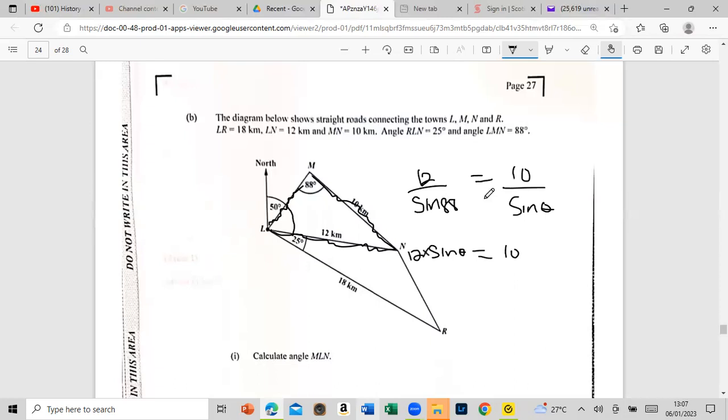Cross multiply, right? And then 10 times the sine 88. All of this now, then we transpose. All right, we need a calculator for that part. So let me just punch it in on my calculator and see what it works out to.